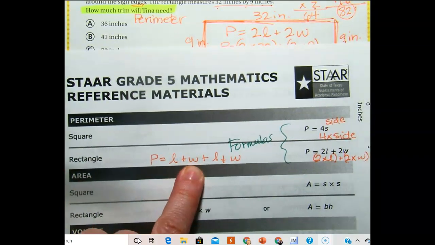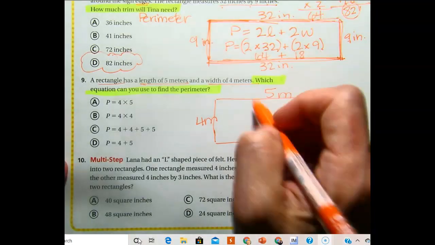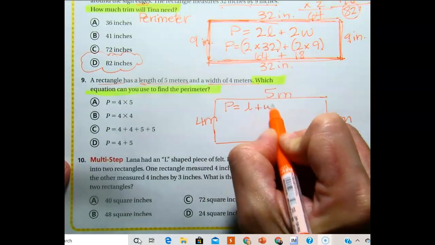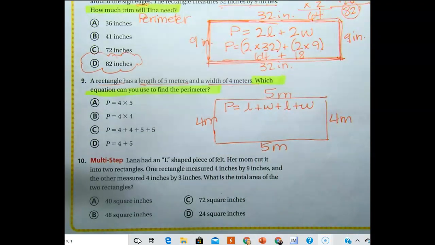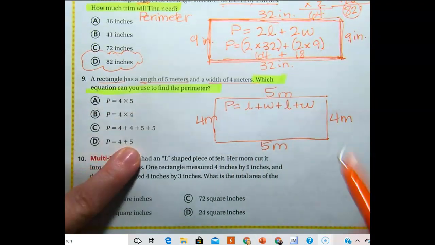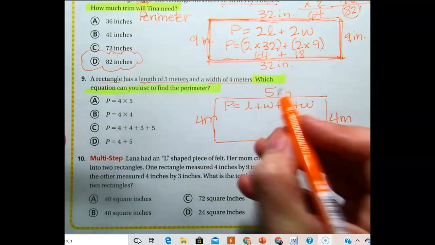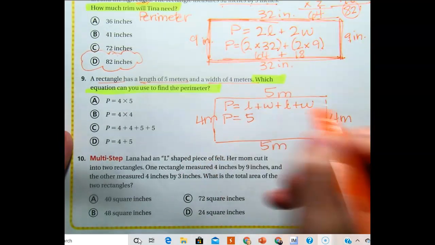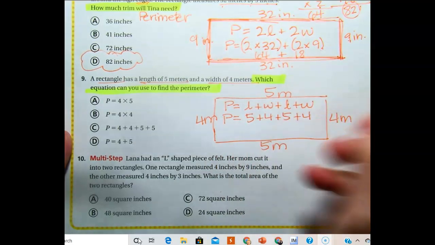P equals L plus W plus L plus W. Okay, so they have values here. So if we know that this is the formula for perimeter, we could go ahead and fill it in. Length would be 5 plus 4 plus 5 plus 4.